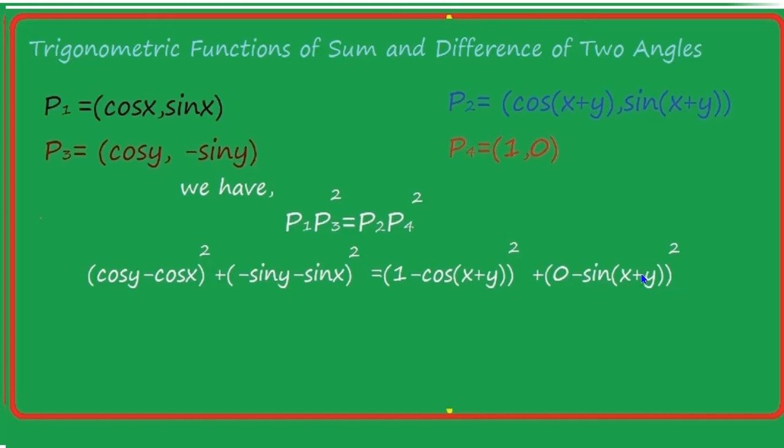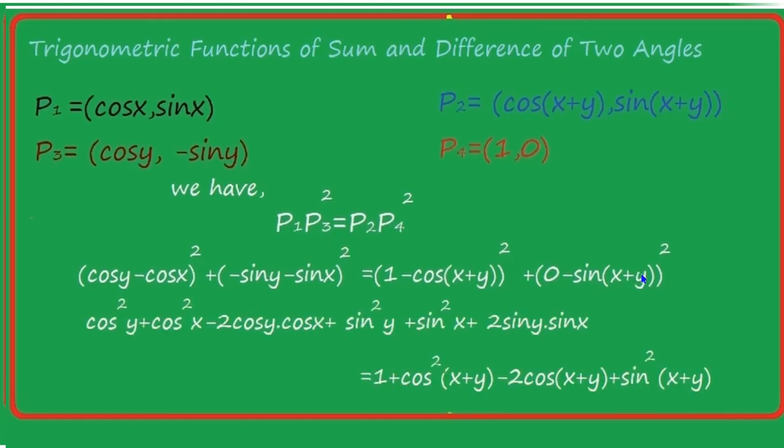And the next step is just expanding this. What is a minus b whole square? It is a square plus b square minus 2ab. So we get cos square y plus cos square x minus 2 cos y cos x. Similarly here, the negative sign goes, because you can take the minus sign common, and when you square it, it becomes plus: sin square y plus sin square x minus 2 sin y sin x. On the right side, 1 square is 1, and cos square (x+y) minus 2 into 1 into cos(x+y), using a minus b whole square is a square plus b square minus 2ab.